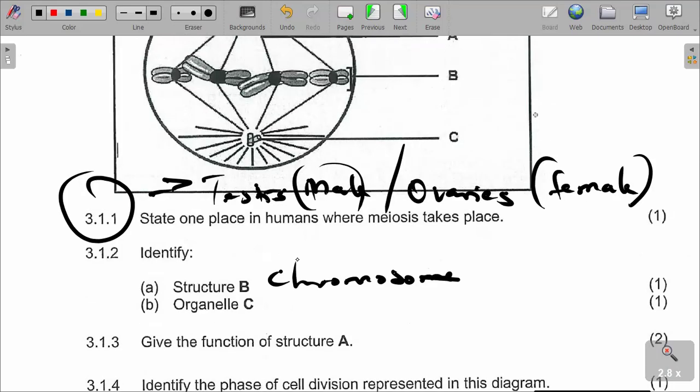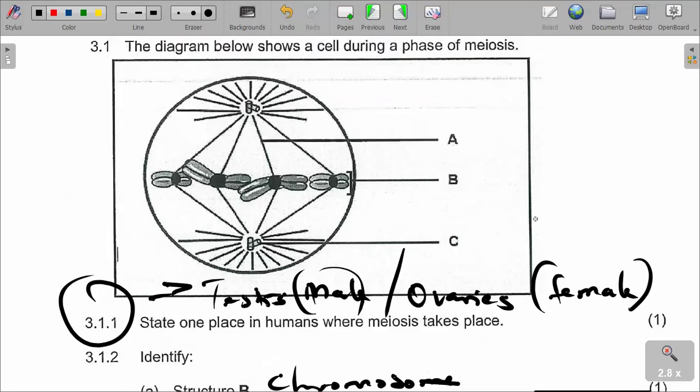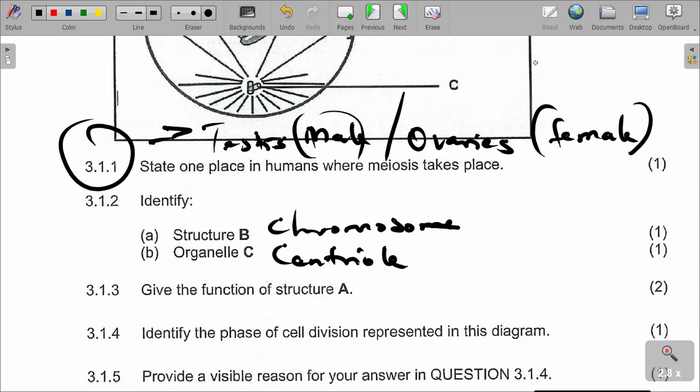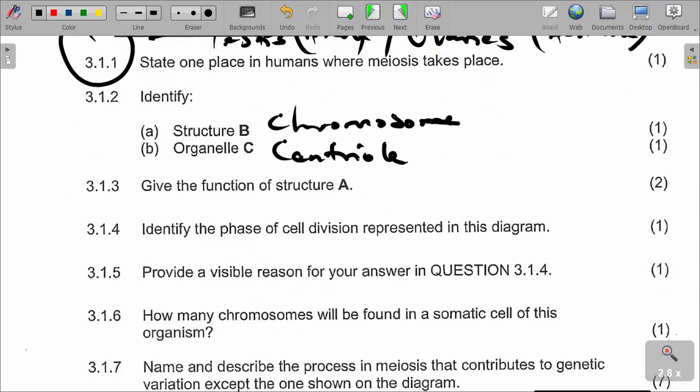C, we said it's called a centriole. I'm sure I remember that it is called the centriole. We have also said that when we go to meiosis, you should always be able to draw and label the structure of the cell. It's very important in order for us not to miss unnecessary marks.